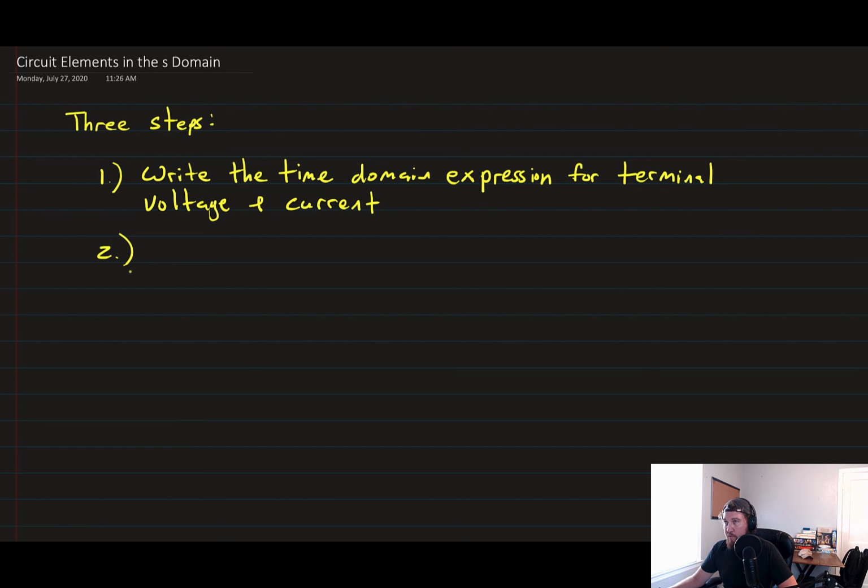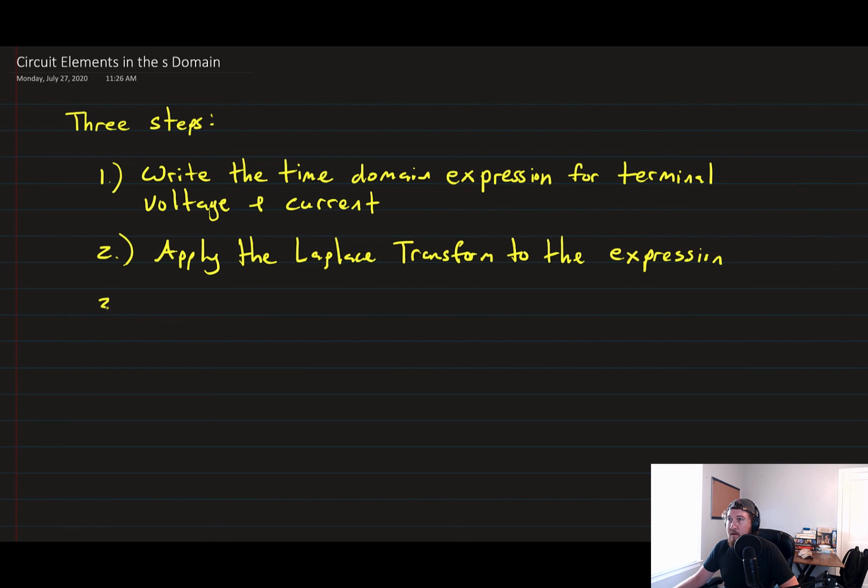Step 2, apply the Laplace transform to the expression. And then finally, step 3 is construct a circuit model for the S domain expression.